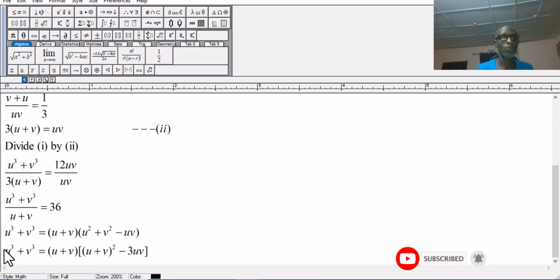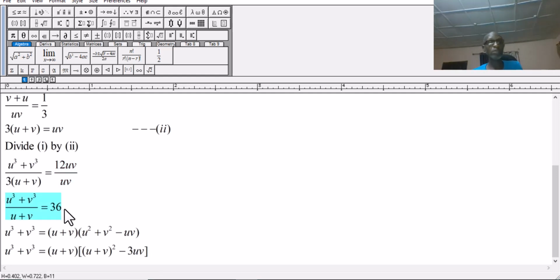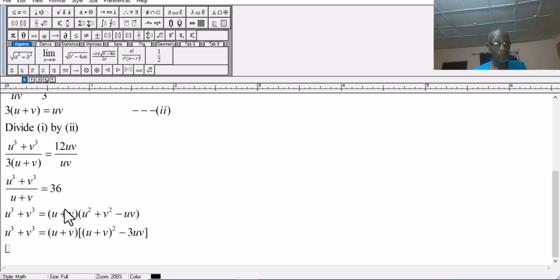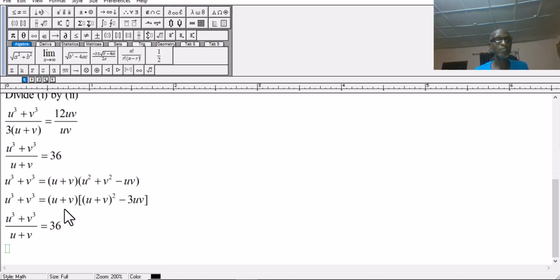So now we have these identities. So we can work with this now. I'm going to copy this. Instead of writing this, I want you to have a better view of what I'm doing.